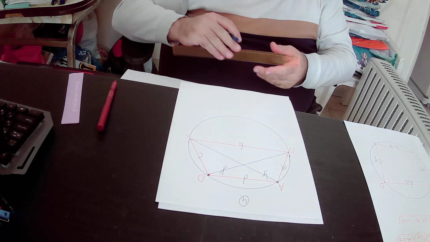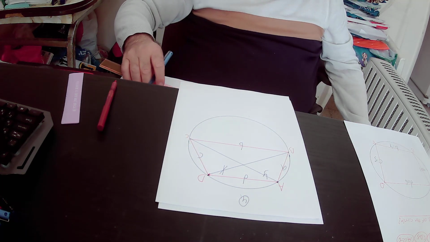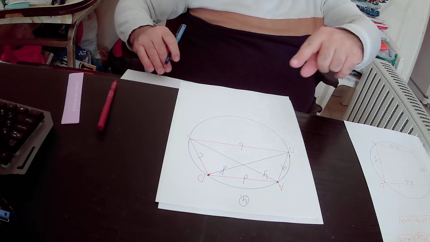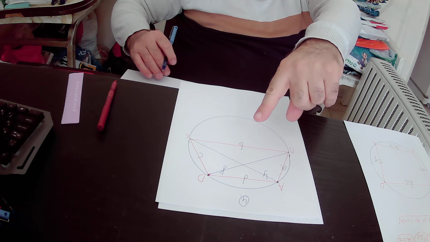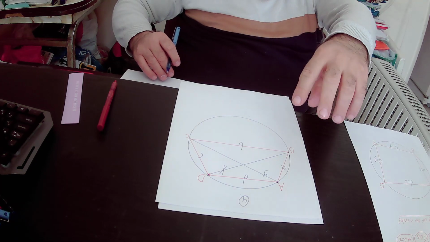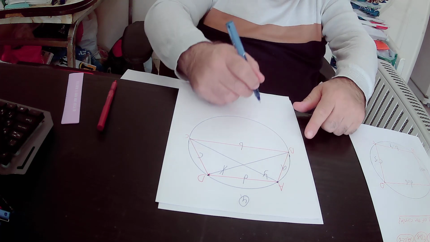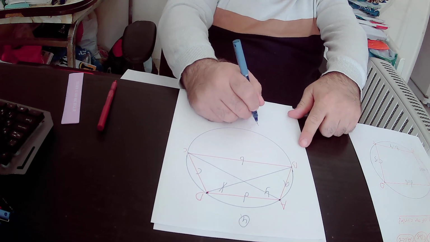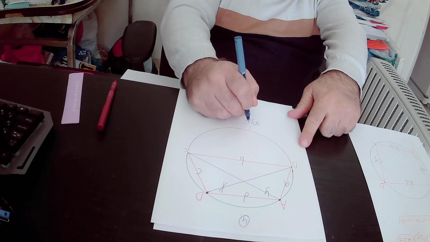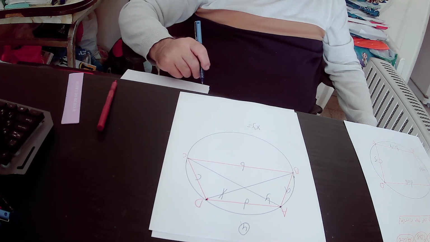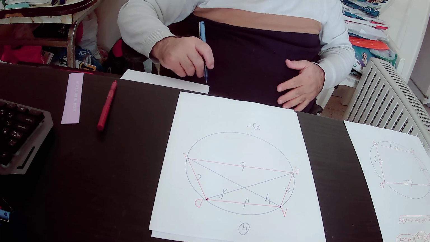Then according to rule number 2, the product of the diagonals of quadrilateral ABCD is x times y, and the product of its diagonals equals the sum of the products of its opposite sides.